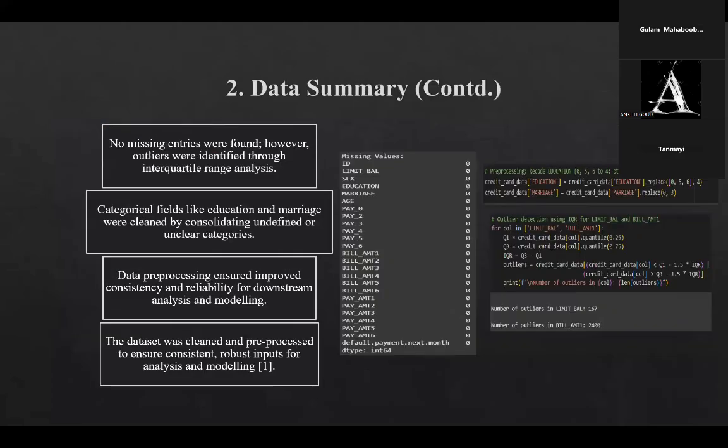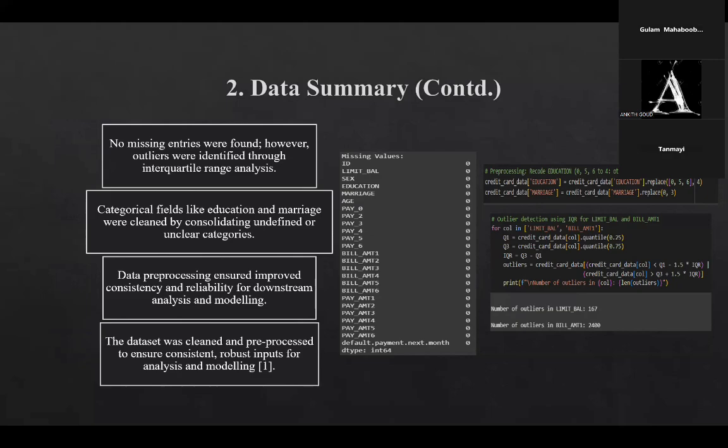In this slide, I'm going to explain that no missing entries were found. However, outliers were identified through interquartile range analysis. Categorical fields like education and marriage were cleaned by consolidating undefined or unclear categories.